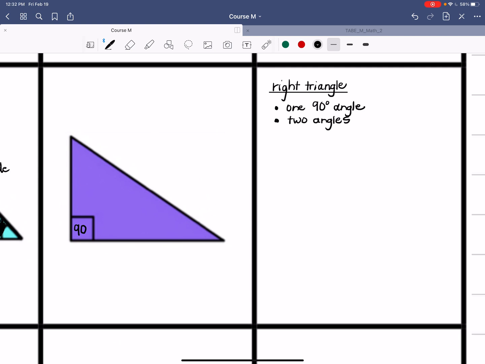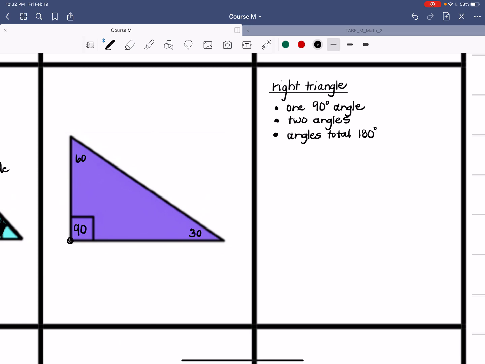So perhaps this one is 60 degrees and this one is 30 degrees. I don't know. I'm just guessing. But there are some things about a right triangle. First of all, let's say that the angles total 180. But I also want to give you some vocabulary here.